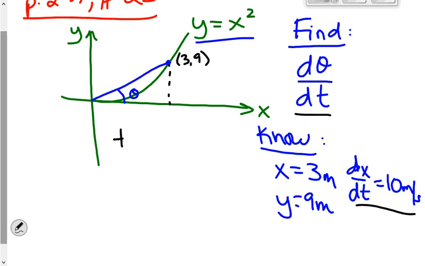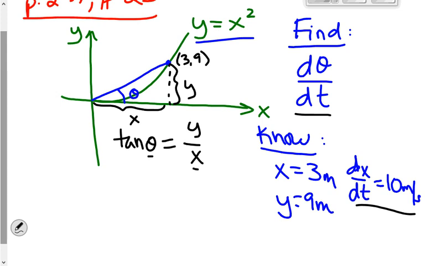Tangent. What's tangent theta going to be equal to? Y over x. Okay. So this is good because I've related my theta to my x. We've got that y in there, but we might be able to do something about that.